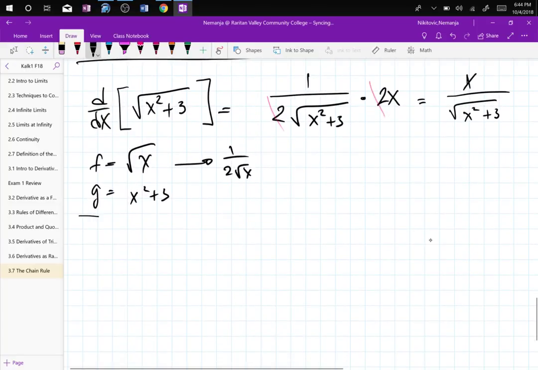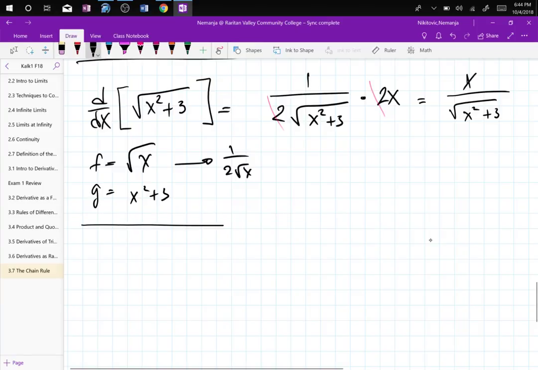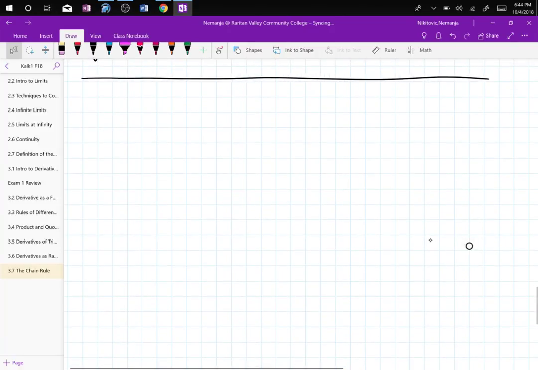So what should we do? Well, you can have as many of these functions nested, right? As many as you want. Generally, on an exam, you're going to run into 2 or 3, but no more than that. 2 or 3 layers. That's enough to show your chain rule superiority.